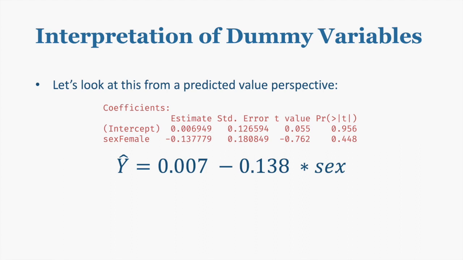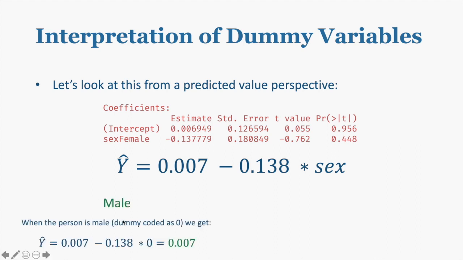And so you might ask, how do you times it by sex? It's male and female. Well, the model doesn't see it as male and female. It just sees it as zeros and ones. When the person is male, which is dummy coded as 0, we get this equation where this is times by 0 because 0 is for male. So the predicted value for males is 0.007 on this scale, whatever it is.